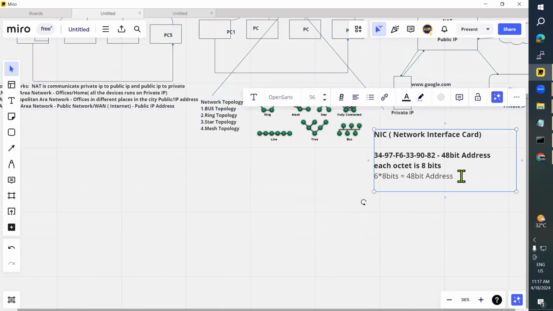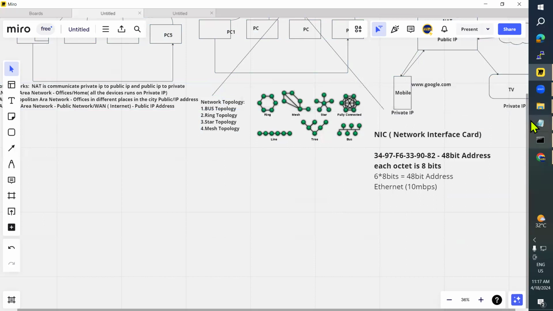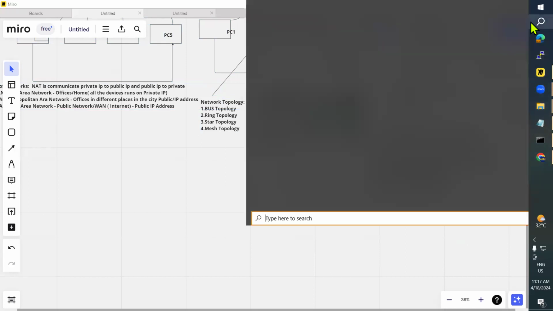There are different types of speeds available in the market. Ethernet, 10 Mbps usually.